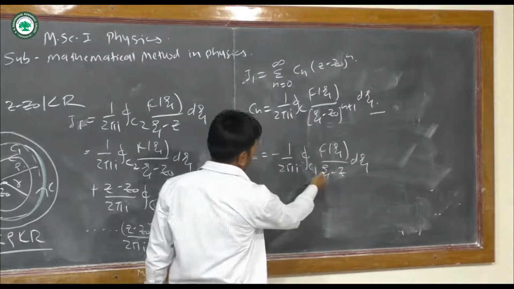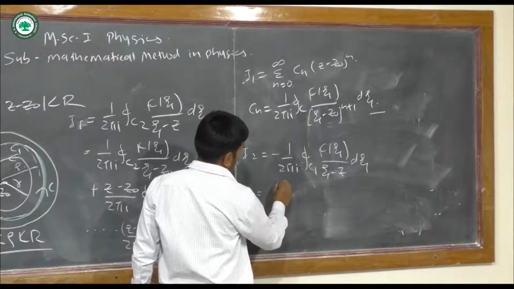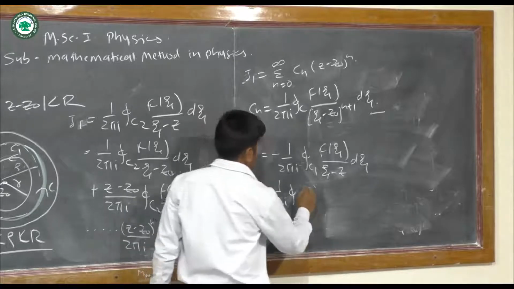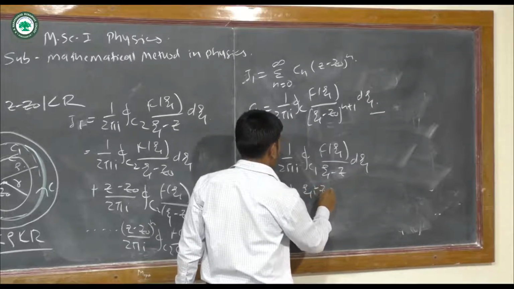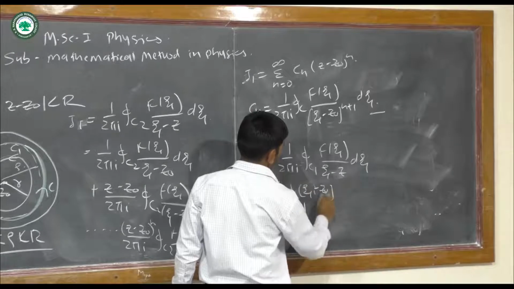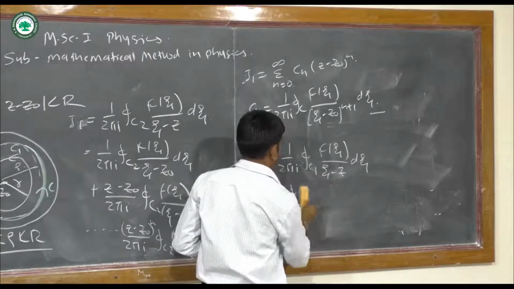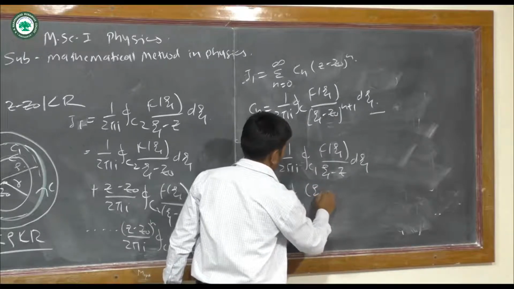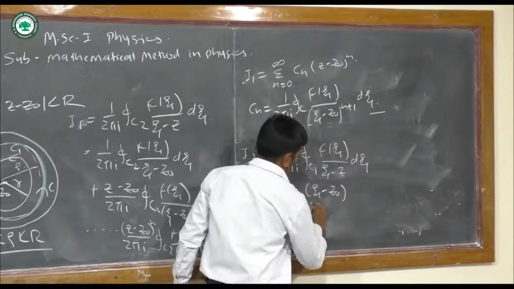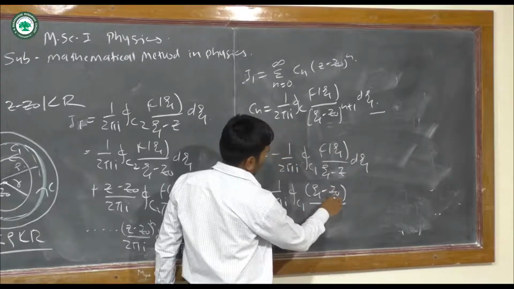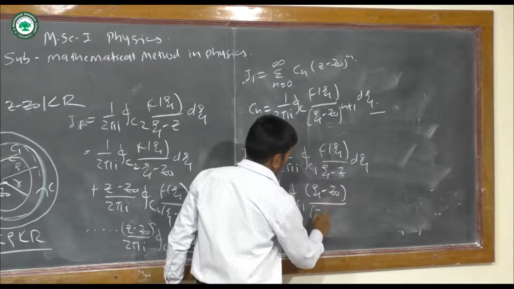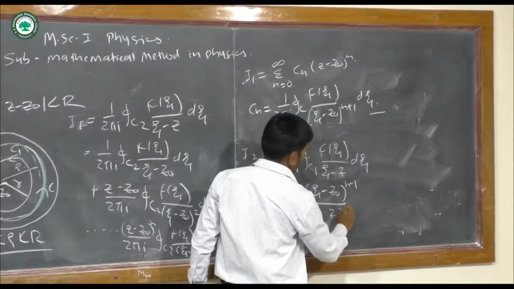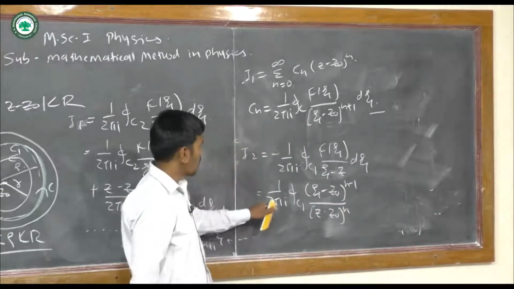So we just change these things. It is 1 by 2 pi i, closed integral over C1, and it is psi minus z naught into z minus z naught, so here n minus 1 and here n. I directly write these results.